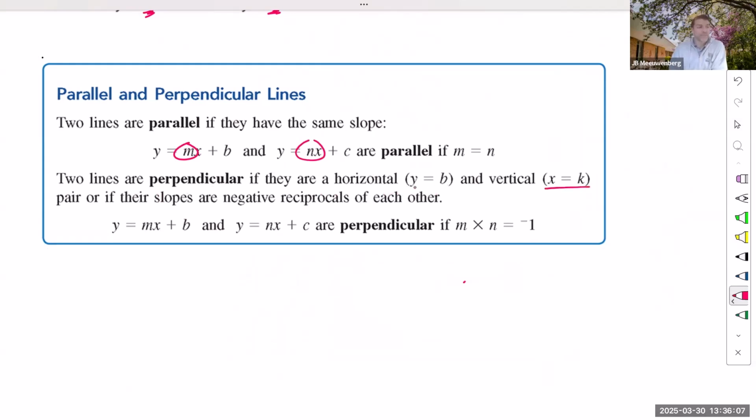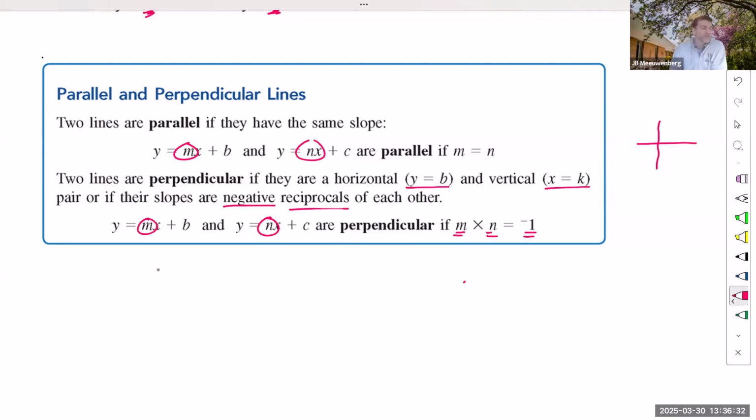I didn't mention that. But if they are horizontal and vertical lines, or if their slopes are negative reciprocals of each other, y equals mx plus b, y equals nx plus c, and if m times n is equal to -1.